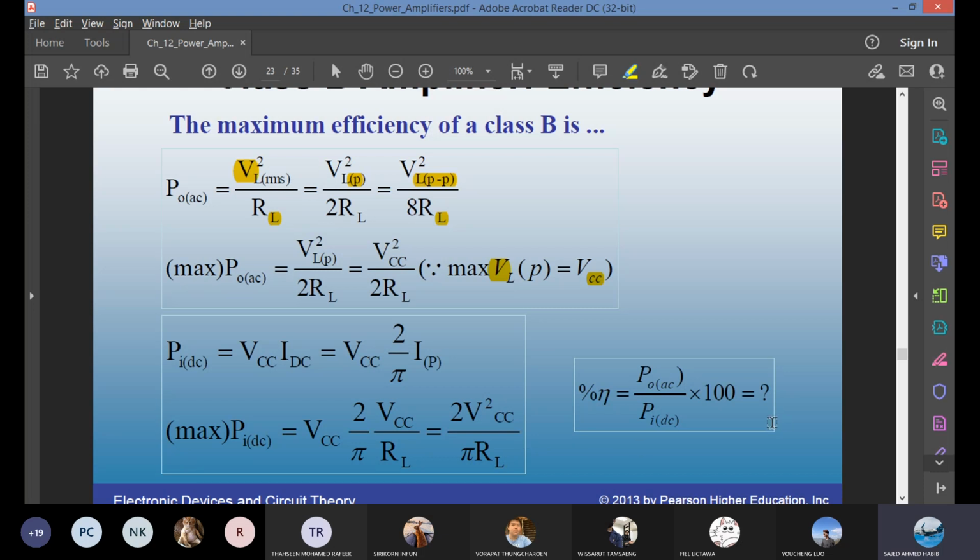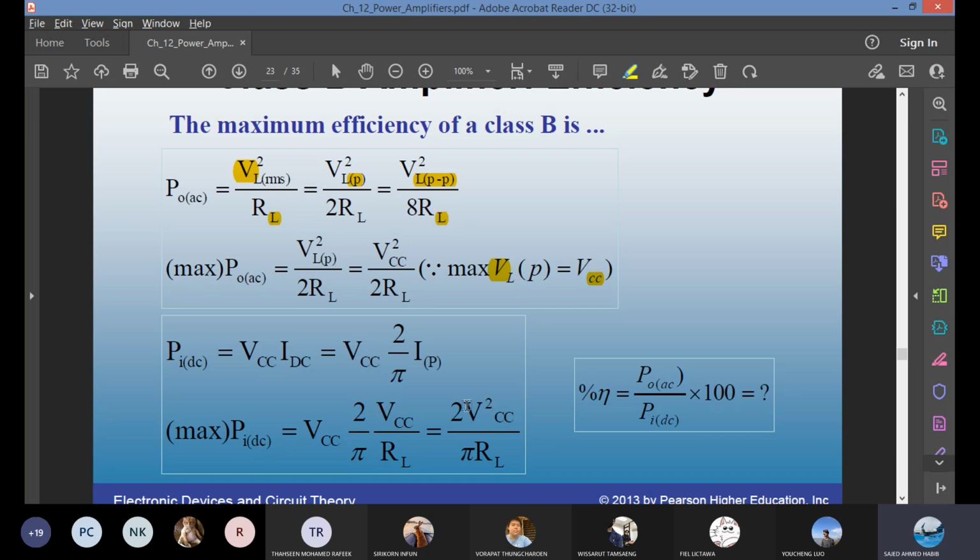If you want to find the maximum percent efficiency, if you are given VCC and VL peak, how would we write this equation? For the output side, you can write output is VL peak squared divided by 2 RL, and you divide it by input power PDC.